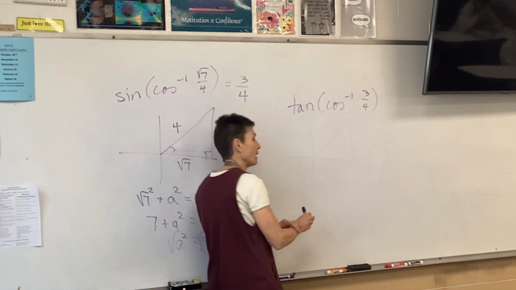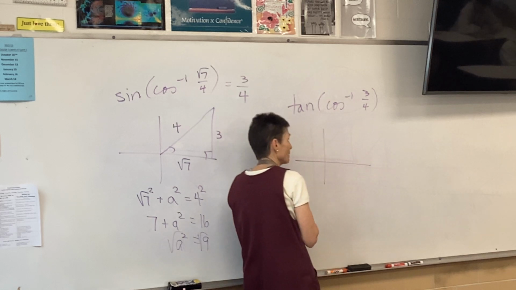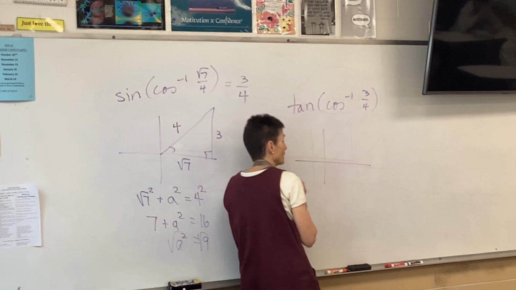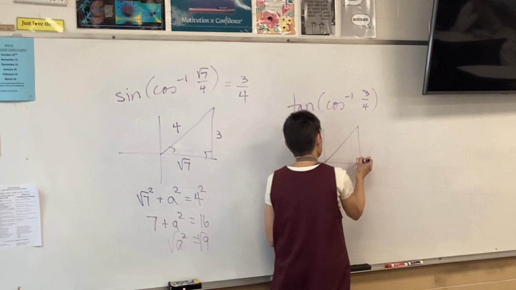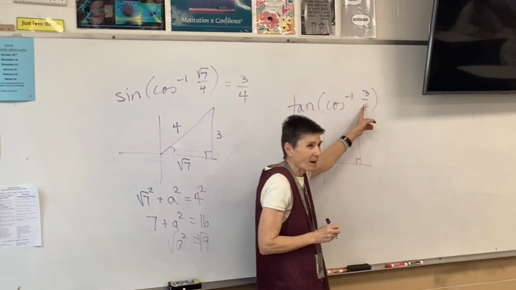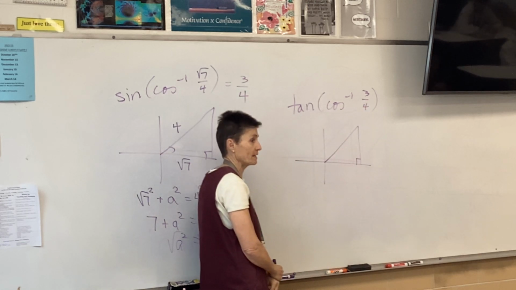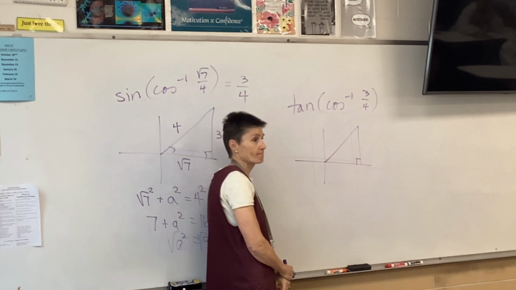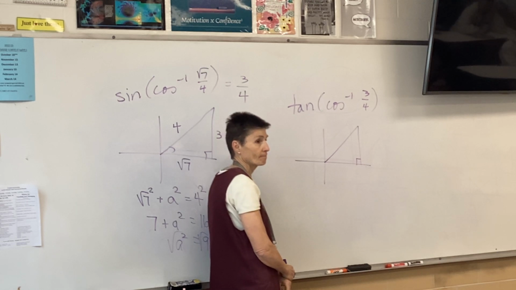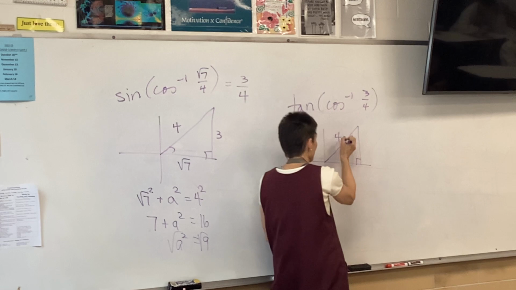Okay, did you draw a picture of a triangle? What quadrant did you draw it in? 1. Because we always draw it in 1, unless I tell you otherwise, right? All right, so then how did you label things? Hypotenuse was 4.